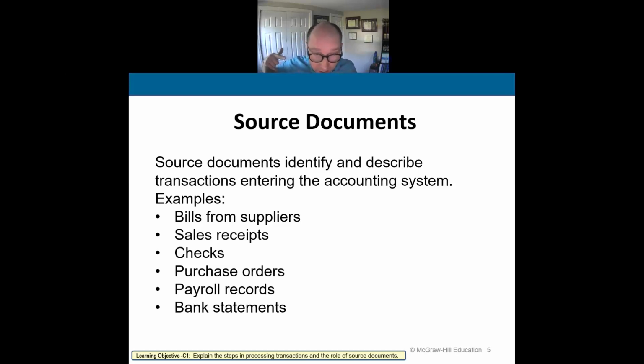And then 2 days later in the mail, I get a bill for the inventory that I purchased. So now I have a purchase order, a packing slip, and a bill from my supplier. Those 3 documents represent one transaction.